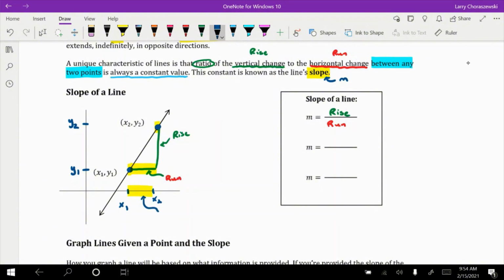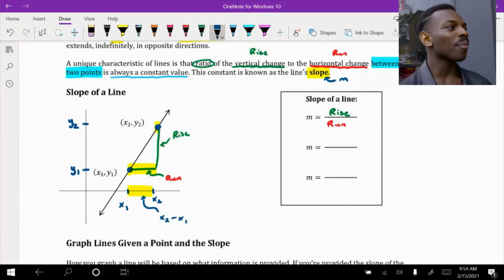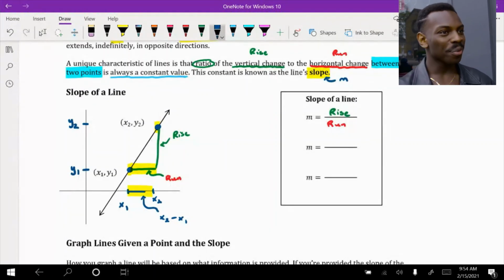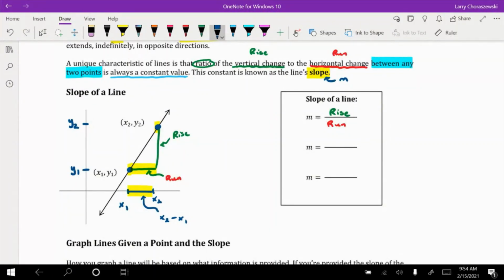To figure out how far apart x1 and x2 are from each other, we can just subtract them, x2 minus x1. That would give us the length of the gap, which in turn gives us the length of the run. The gap that's separating y2 and y1 is found the same way.